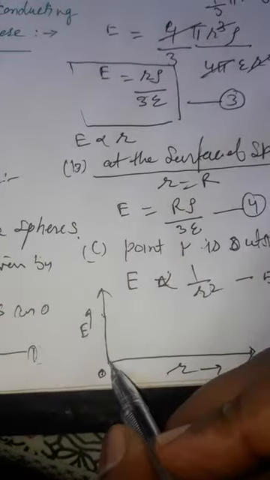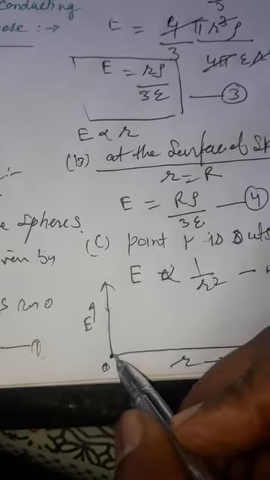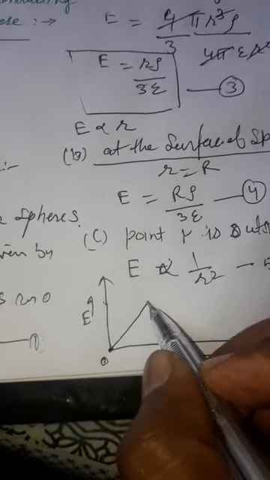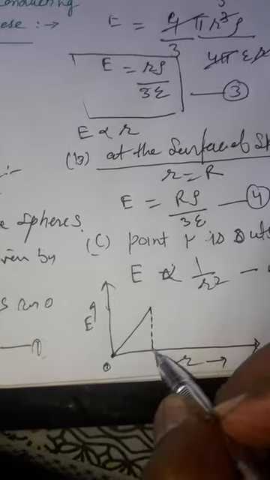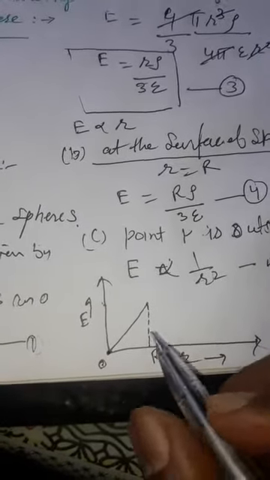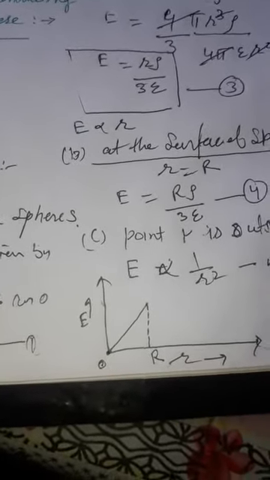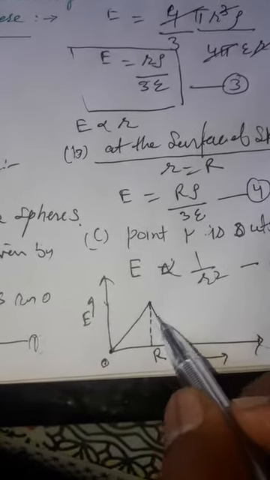It means at the center of the sphere the electric field is 0, and then it increases up to a distance r equal to capital R. After capital R, if we further increase the distance, the electric field decreases like this.